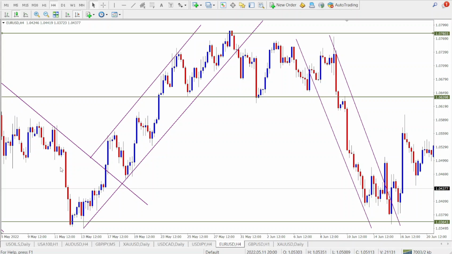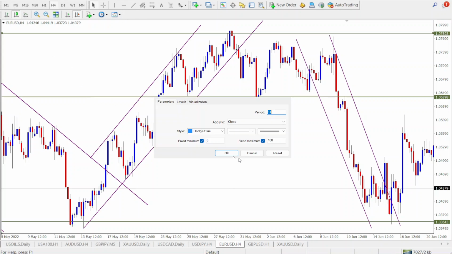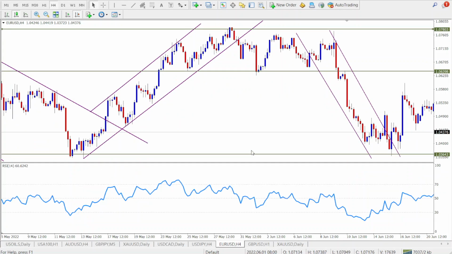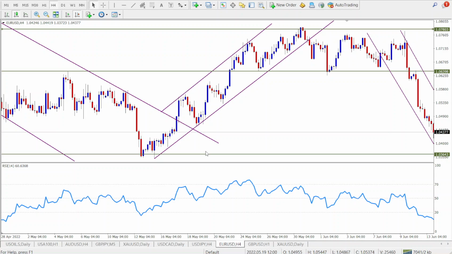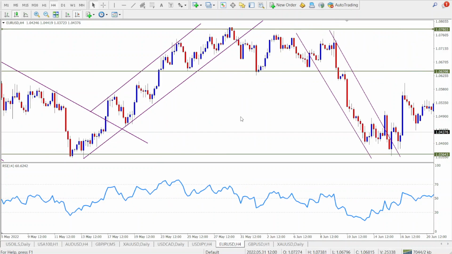Then thirdly, let's talk about momentum divergence, using the RSI or the MACD. I'm just going to add RSI to the chart. If price makes a higher high, you can see what happened here, and then the indicator, your MACD or your RSI, depending on the one you are using, makes lower highs.